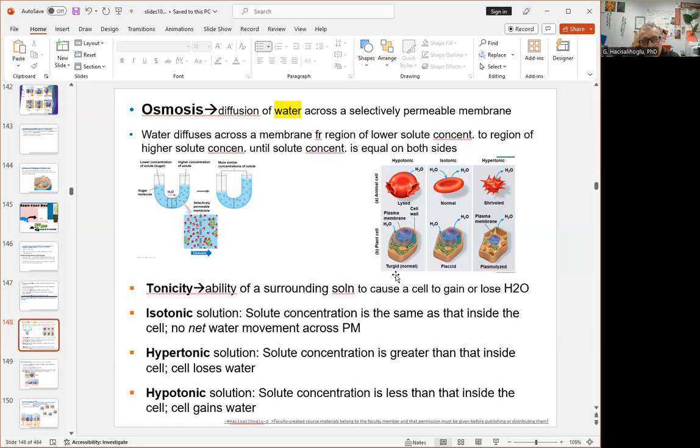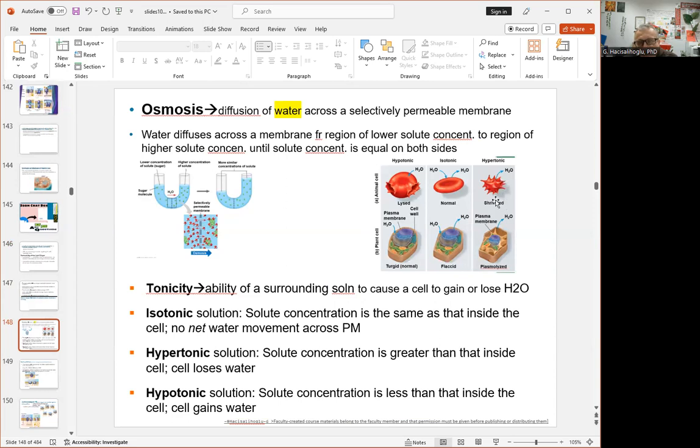In plants, this is very important, because plant cells cannot really store water. Like you see here, animal versus plant. A normal cell is isotonic, which means inside and outside water is the same. Hypertonic is when there is less water inside.